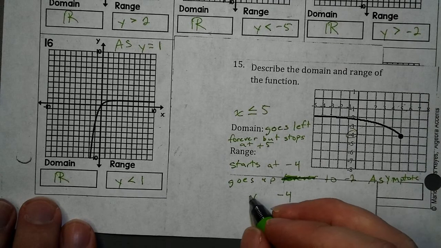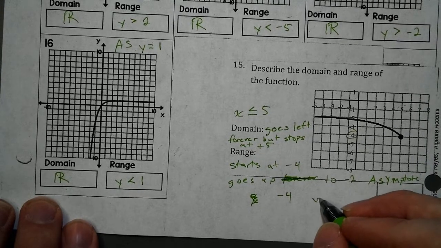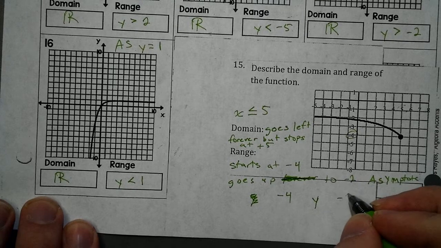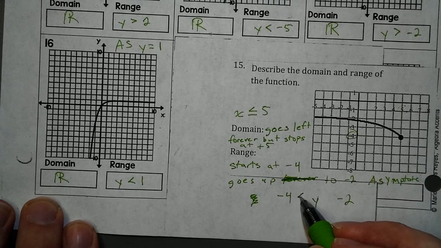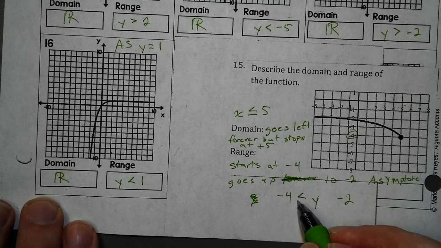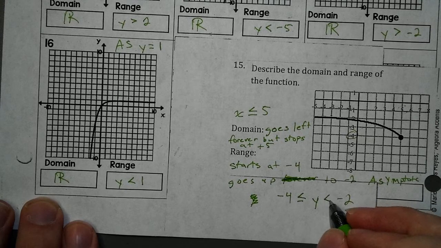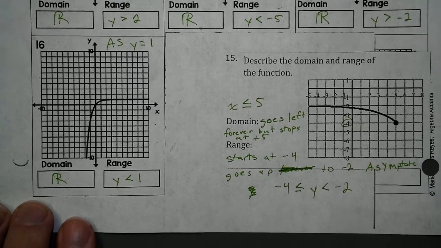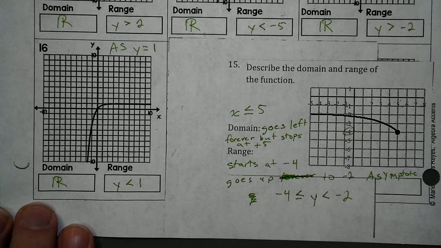It goes from negative 4 to y to negative 2. Now our y's are always bigger than negative 4, or they could also include negative 4, and they never hit negative 2. So they're less than negative 2. So this one, a little bit tricky because of the asymptote, but that is how you get it done.